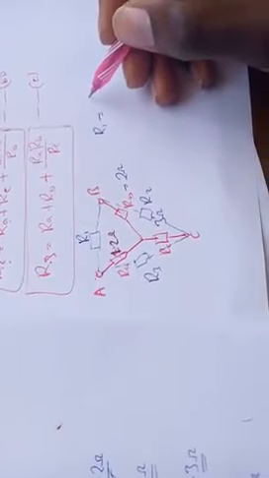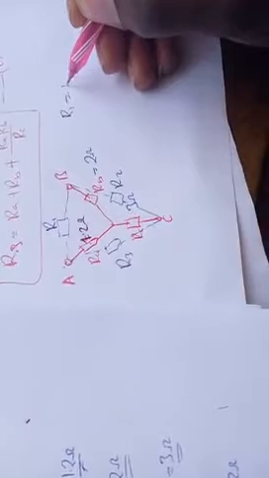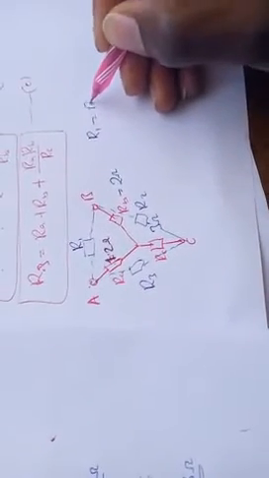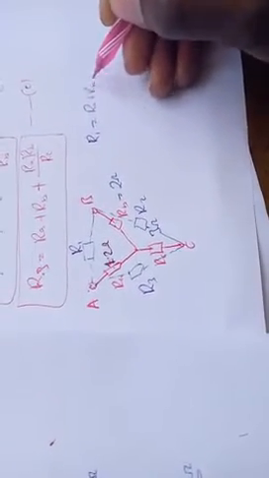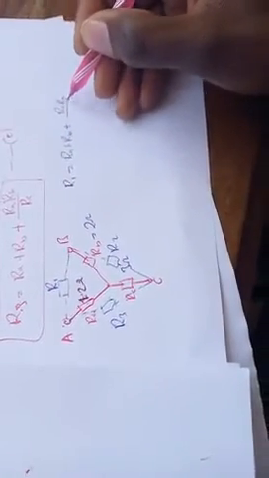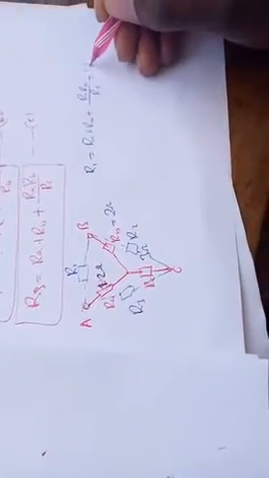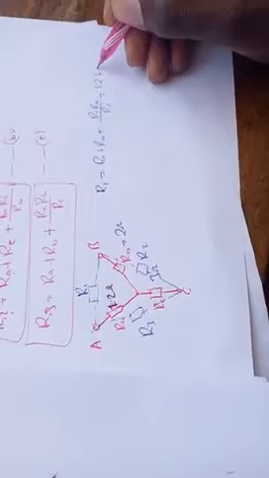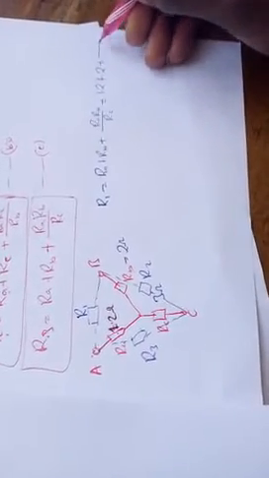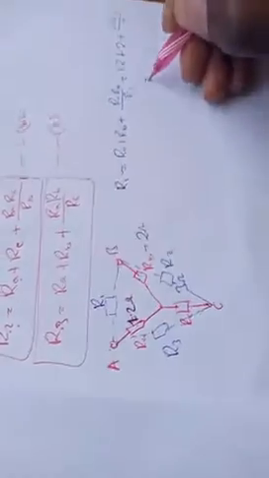So it will be RA plus RB plus RA times RB over RC. RA is 1.2 plus RB is 2 plus 1.2 times 2 over 3.